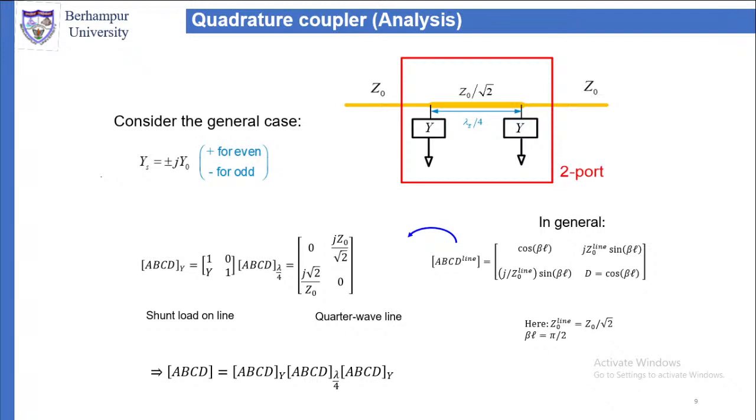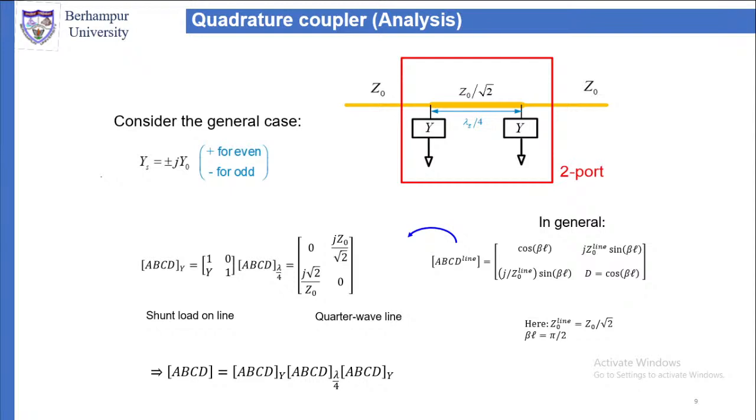The ABCD matrix for a transmission line is cos beta L, jZ0 sin beta L in the first row; in the second row, j by Z0 sin beta L, then cos beta L. So diagonal elements are cos beta L, and off-diagonal elements are jZ0 sin beta L and j by Z0 sin beta L. Now since length is lambda g by 4, beta L is equal to pi by 2. So put pi by 2 for beta L.